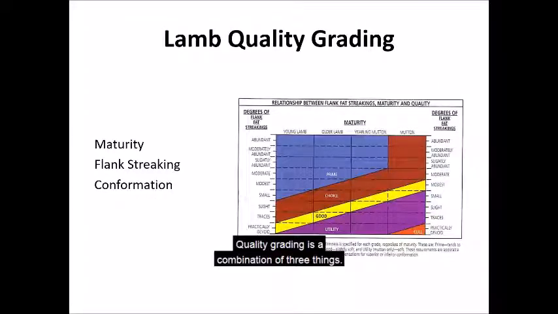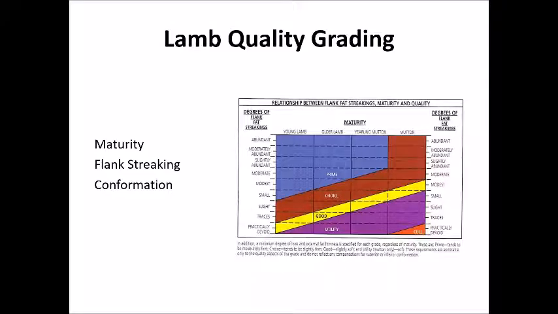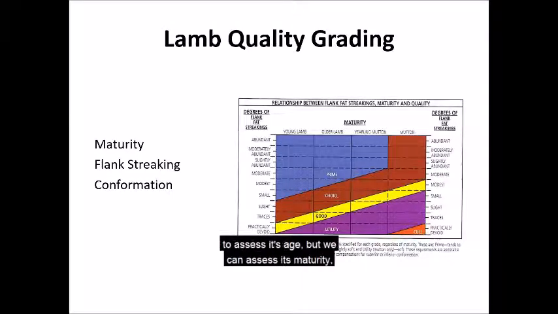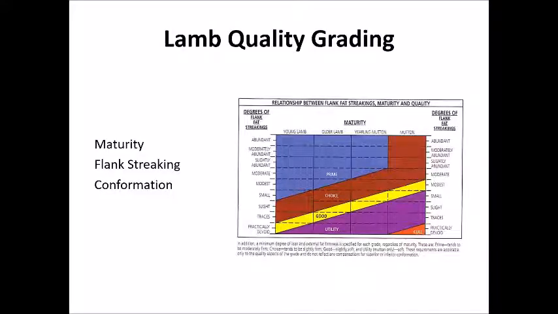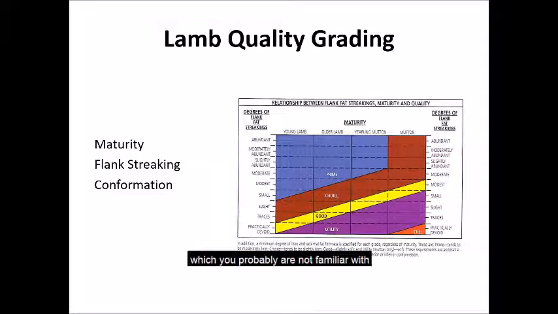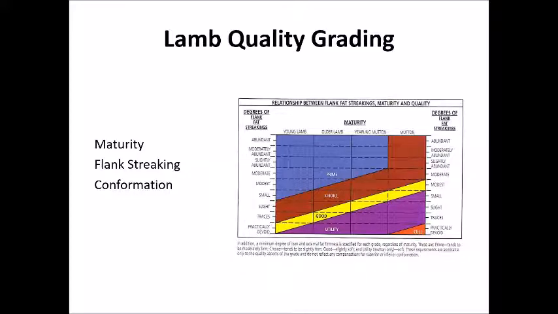Okay, quality grading is a combination of three things. There's maturity, which is a proxy for age. In a lamb carcass, we don't have the ability to assess its age, but we can assess its maturity, and I'm going to show you how. We can assess its flank streaking, which you probably are not familiar with, but you will be by the end of this. And we can assess its conformation.